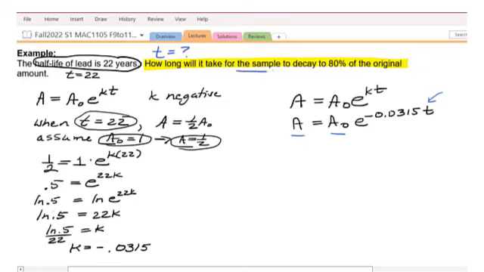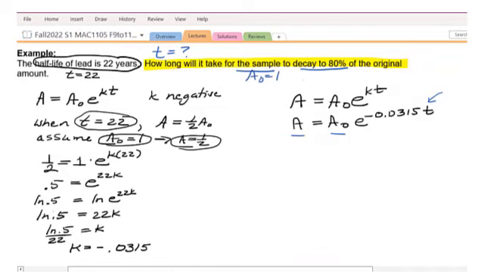The sample, they don't tell us how much we're starting with. We just say whatever sample it is, it decays to 80% of the original amount. When that happens, when they don't tell you, just assume that the starting amount is 1, just like we did for the half-life.